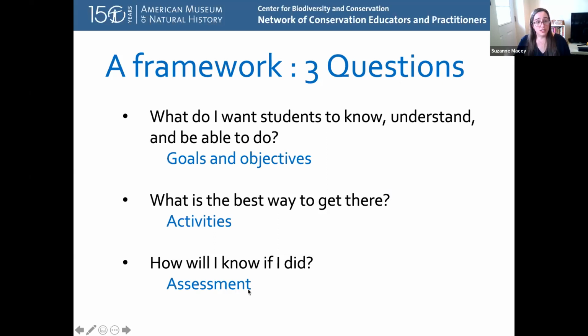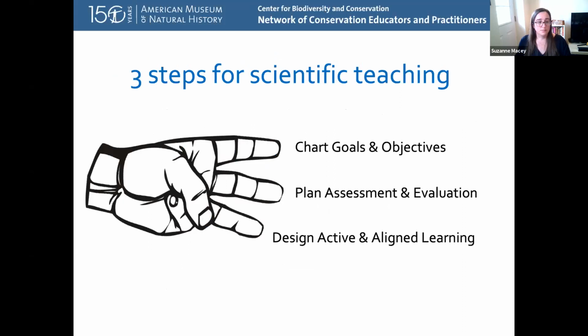And there are approaches that are standardized basically for these 3 questions. What your students want to know and understand, those are your goals and objectives. The way to get there is through activities, and you'll know they got there by doing assessment. And then we can reorder these into 3 steps of scientific teaching.